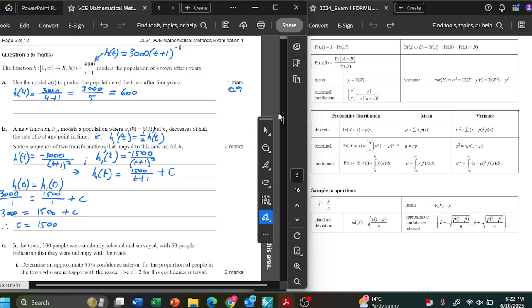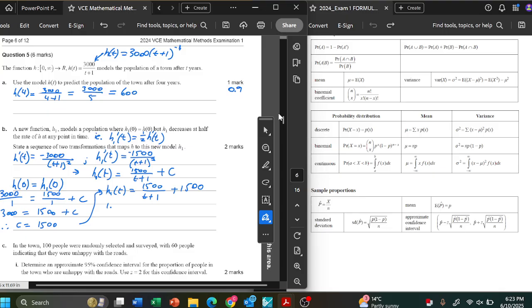All right, so therefore, we can work out that the formula for h1 of t is simply going to be equal to 1,500 over t plus 1 plus 1,500. And the question's asking us to state a sequence of two transformations that produce this. So our first transformation to go from h to h1 is going to be a dilation factor.